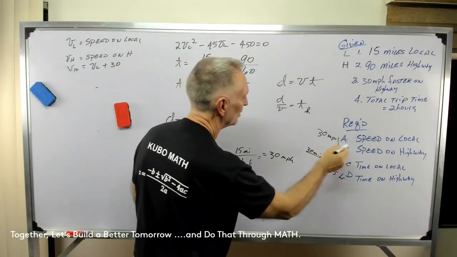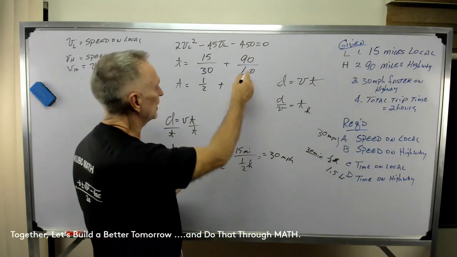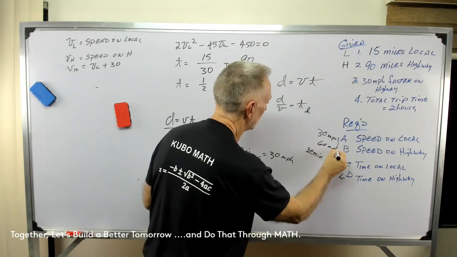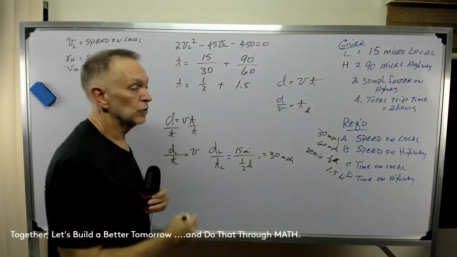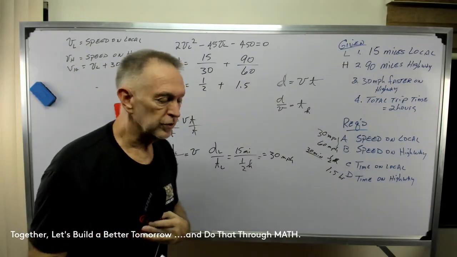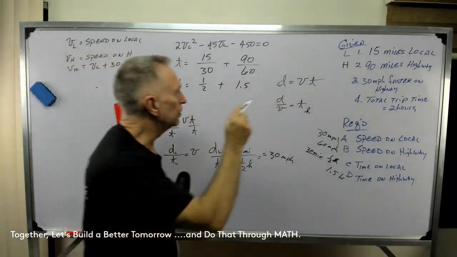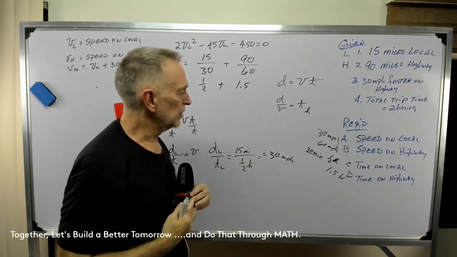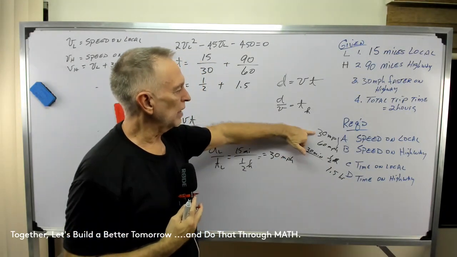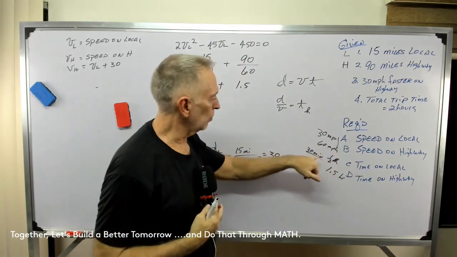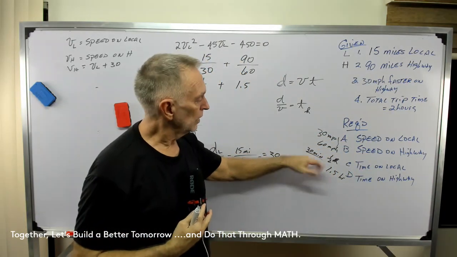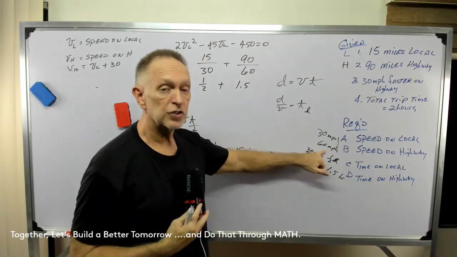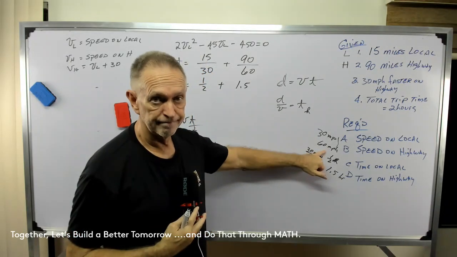Speed on the highway was 60, right? 30 plus 30. So now he's at 60 miles per hour. So now you could go to your boss, because they had told you he entered this local highway at this time. And you could say, he drove 30 miles per hour on that road for 30 minutes, and then he hit the highway for 1.5 hours driving 60 miles per hour.